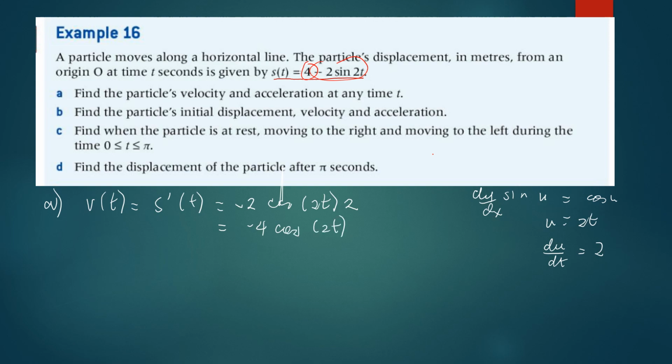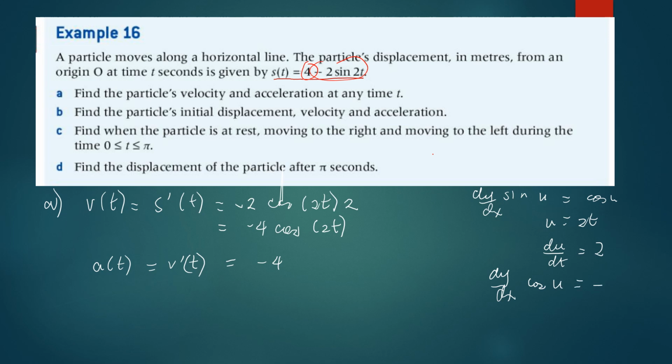Next one, we get the acceleration. The acceleration is the first derivative of the velocity, or the second derivative of the s of t. So we have here negative 4. So the dy dx of cosine u is what?